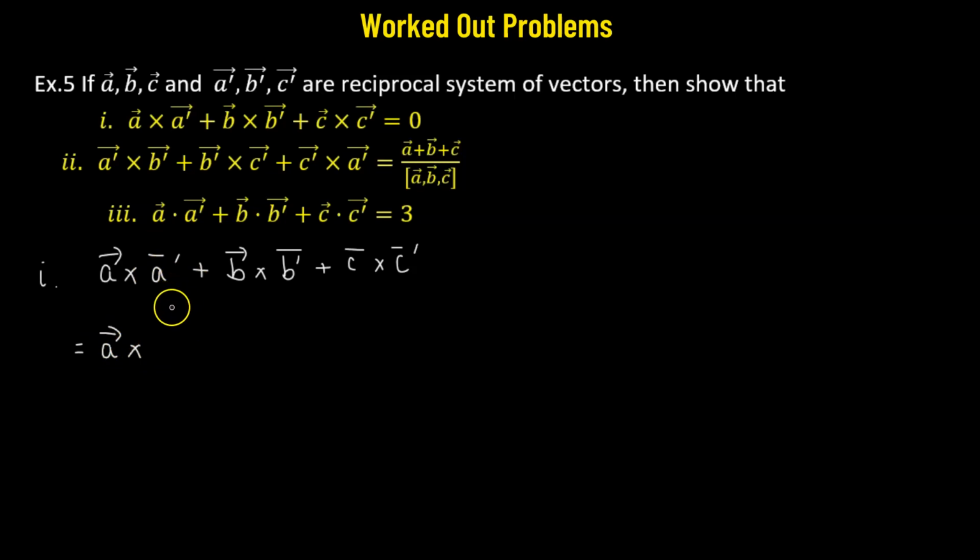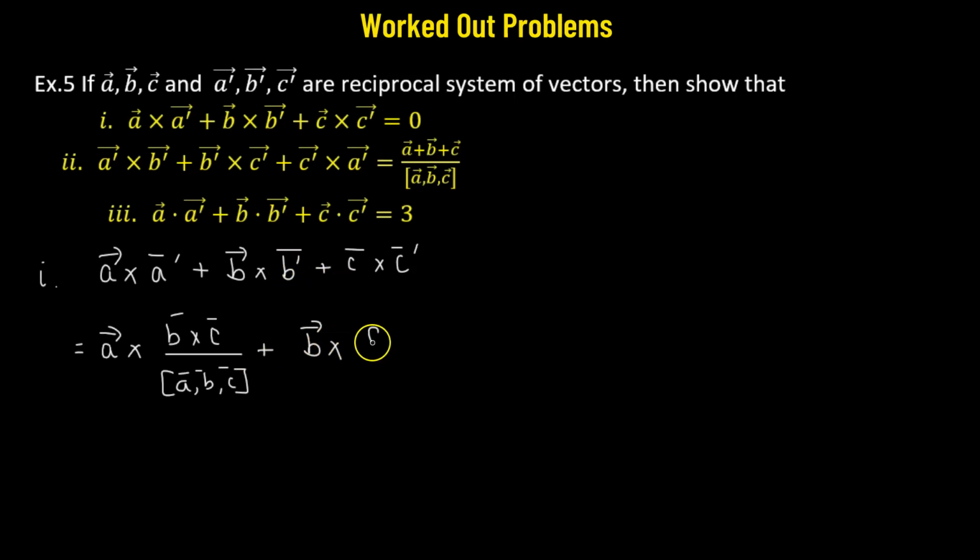By definition, A prime is given by B cross C divided by the scalar triple product of A, B and C, plus vector B crossed with vector B prime.